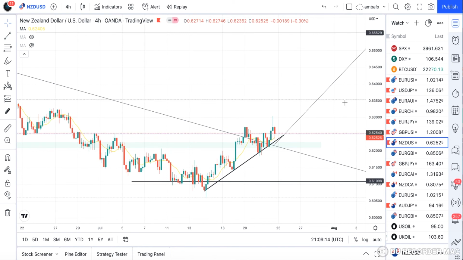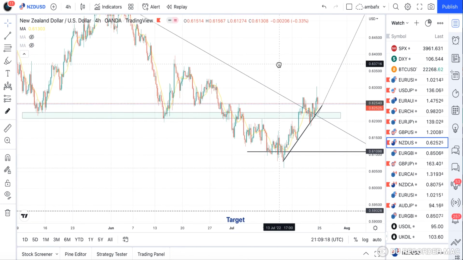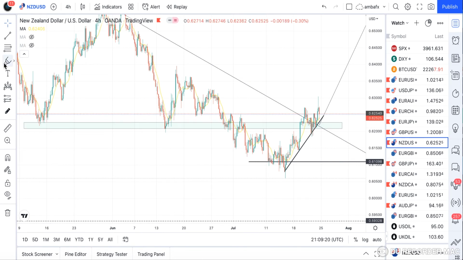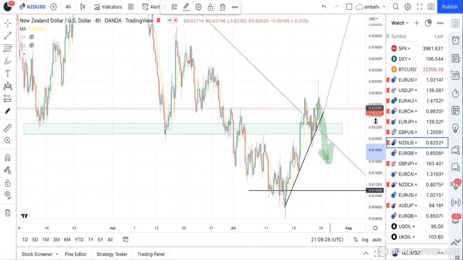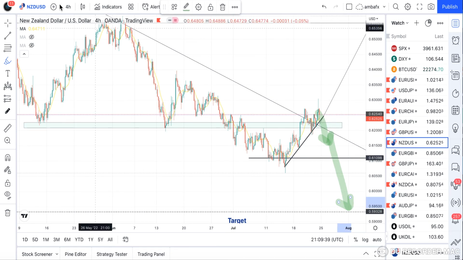So if you are on a bearish bias, you have to wait for it to break back into this particular level. Then the target should be 0.59328. You understand?